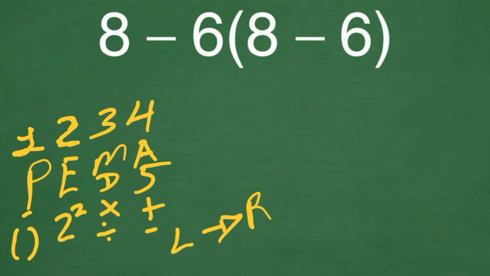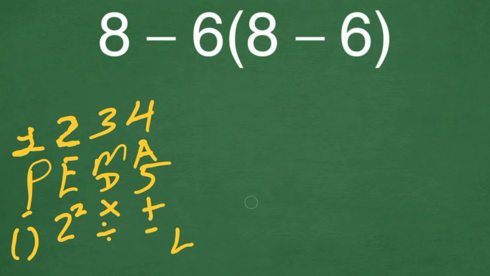So the first thing to solve is parentheses, and then exponents, and then multiplication and division, and then finally addition and subtraction. According to this rule, if we solve addition or subtraction before multiplication, it is wrong, right? Because multiplication has a greater priority than addition and subtraction, and should be solved before addition or subtraction, right?